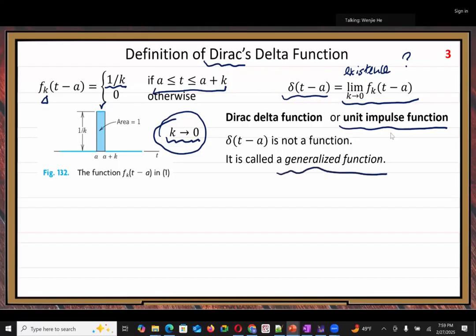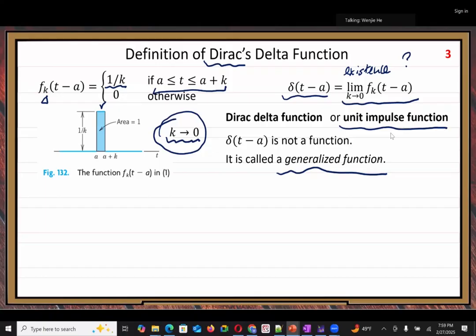It is not a legitimate, legal math function, but people just call it a generalized function. We agree it's not a function, but how about we call it a generalized function, because we generalize in a certain way. We give it a vague description.